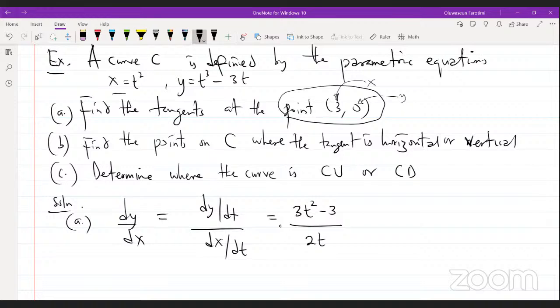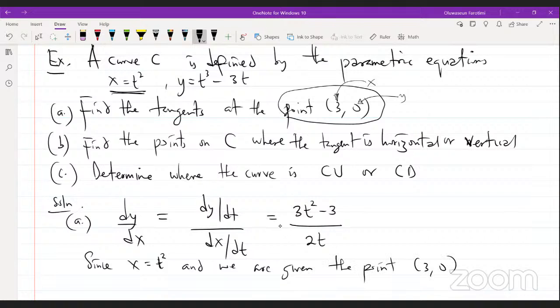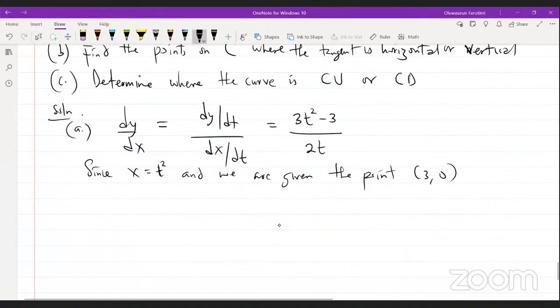Since x is t squared, and we are given the point (3, 0), it means x is t squared, but x here is 3.